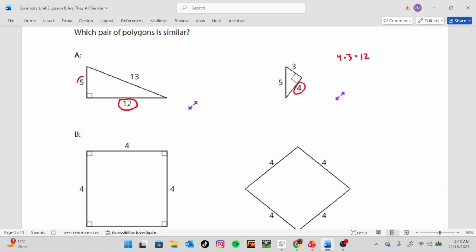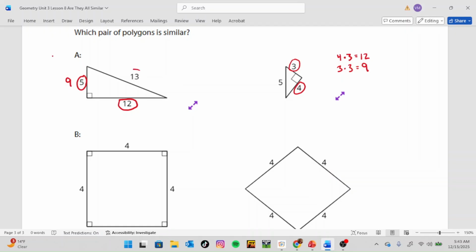Now we could say that this side length of 5 corresponds to this side length of 3. So let's try and multiply 3 by 3. And the problem is that we get 9 and not 5.